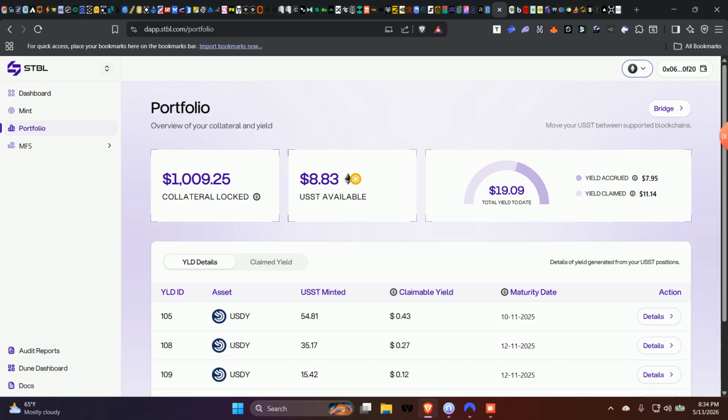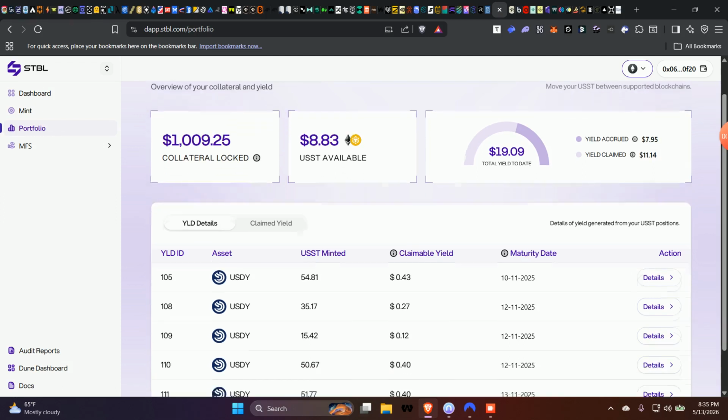What I'll probably do is throw in another $1,000 in one entity, then take that USST and dissolve these positions, take that $1,000 of the real world asset that I get, which is the collateral that I provided, and mint another $1,000 position so that I have a very strong position instead of having everything spread out like that.